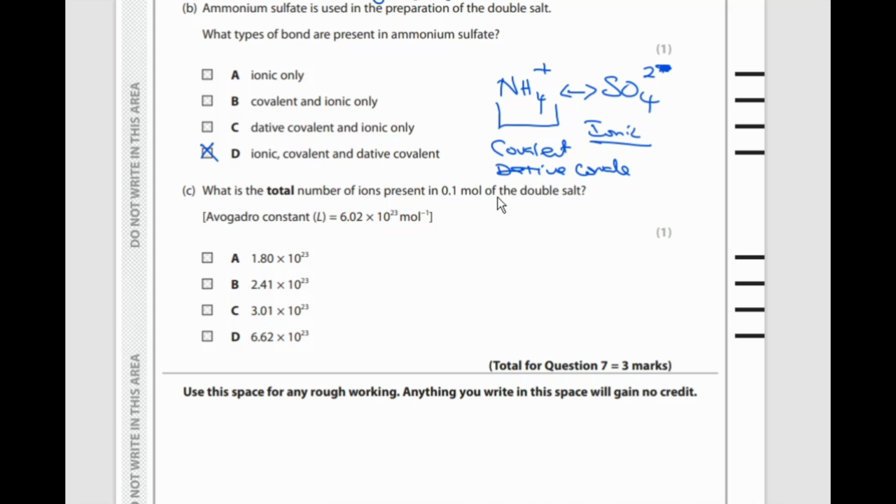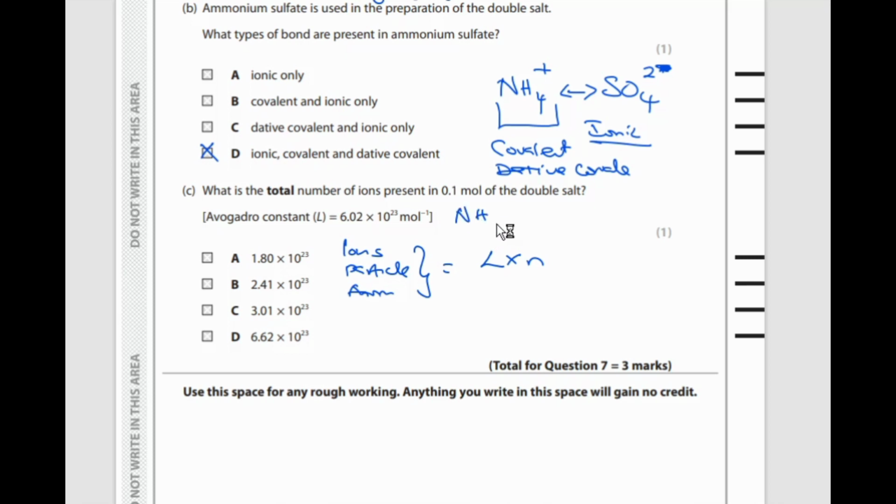Question C, what is the total number of ions present in 0.01 mole of the double salt? We know that number of ions, particles, atoms is obtained by multiplying Avogadro's constant times the number of moles.